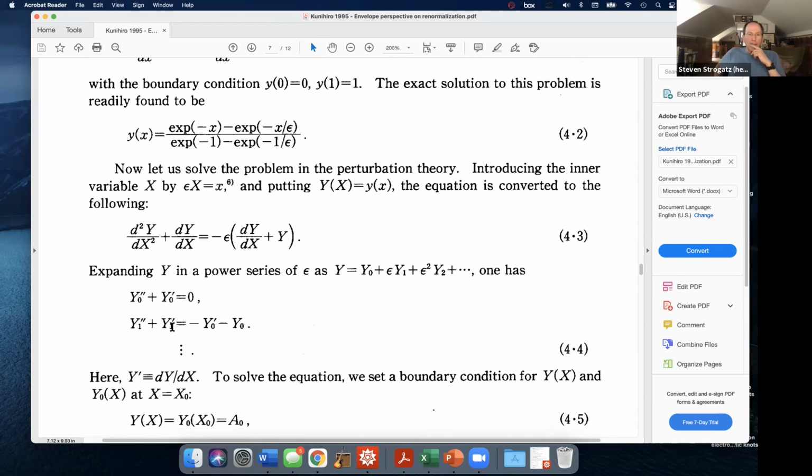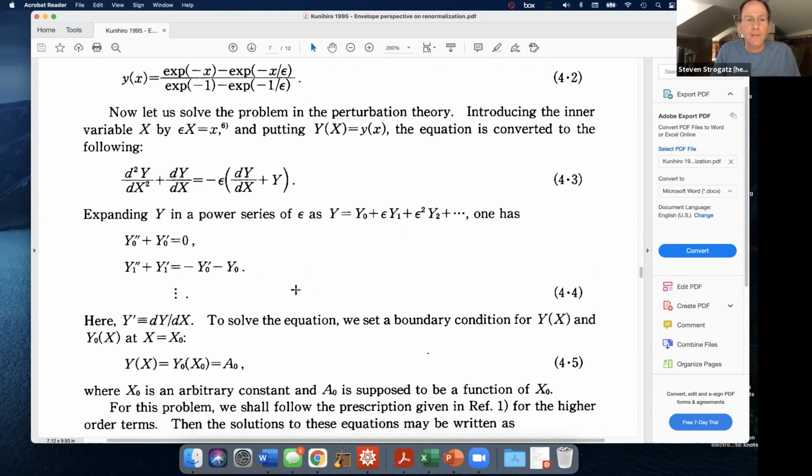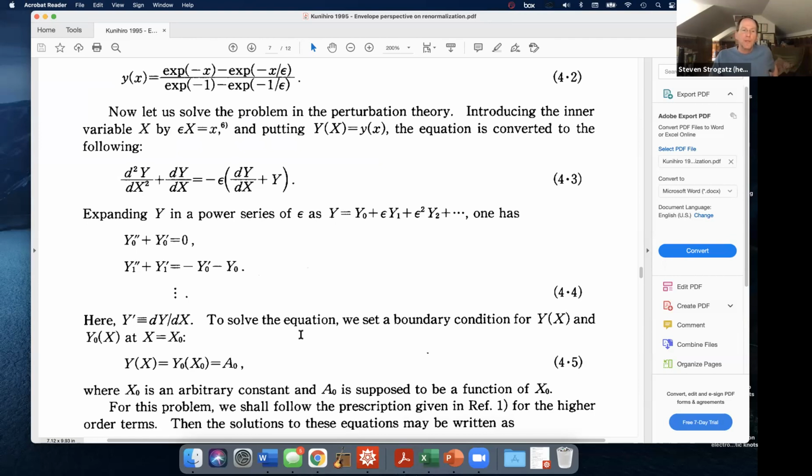Now, at this point, he does something a little bit strange looking. He says, we set a boundary condition for Y at some arbitrary point x0. It's weird. It's not a boundary point. Think of x0 as just some point anywhere in the domain.